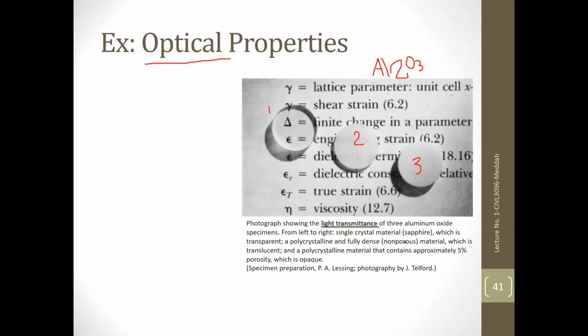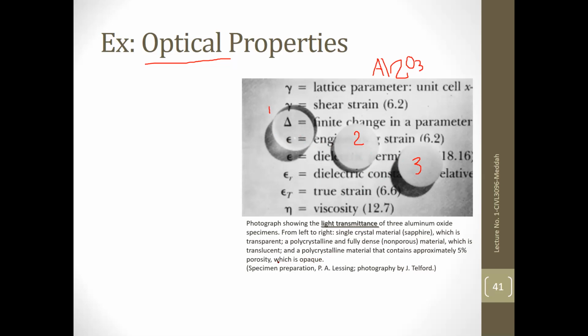So the structure of the material makes a difference here in terms of transparency, in terms of the optical properties, how they can transmit light through the material. So the difference here between the three is the crystalline structure, or the structure itself.